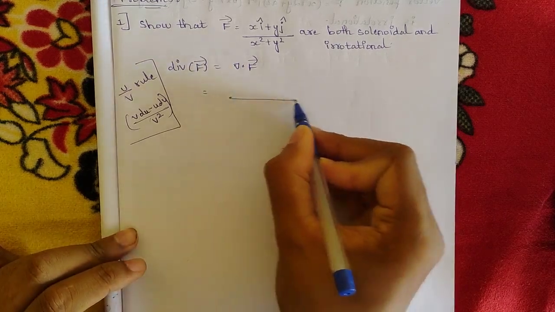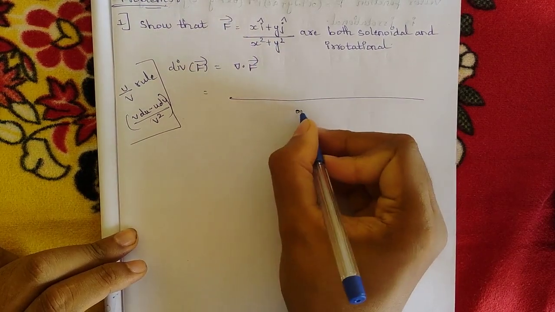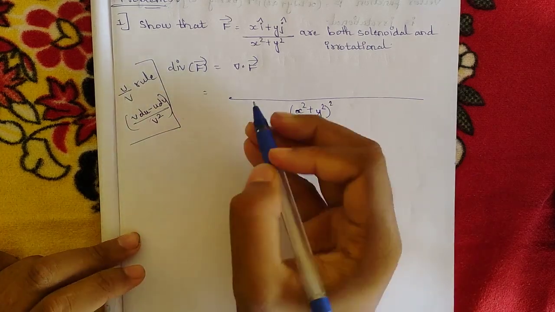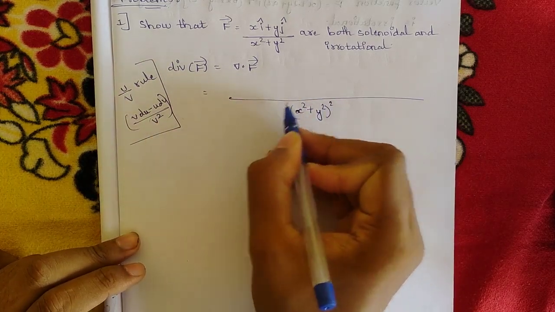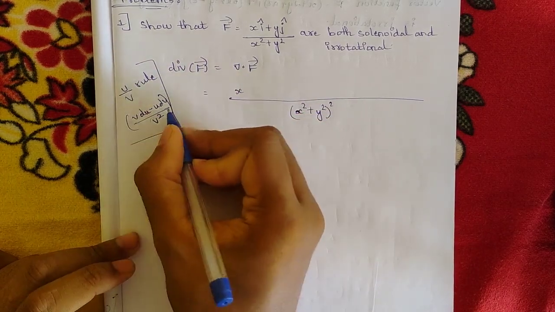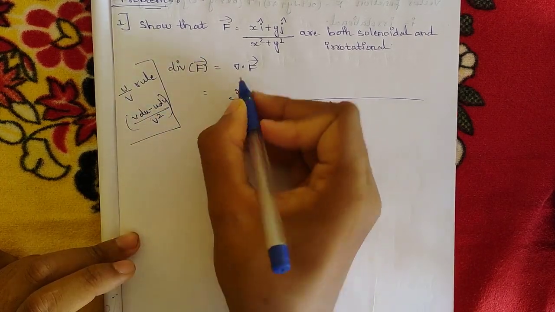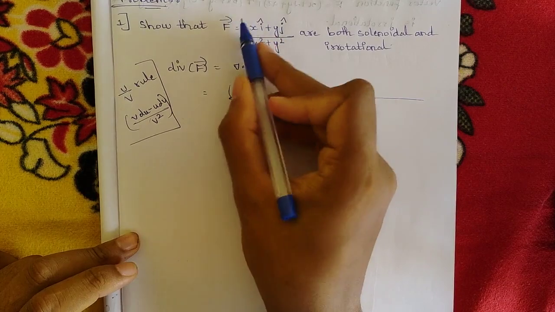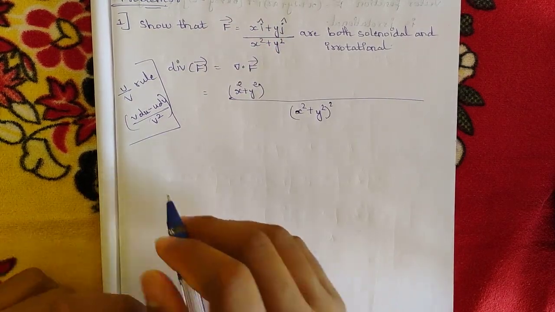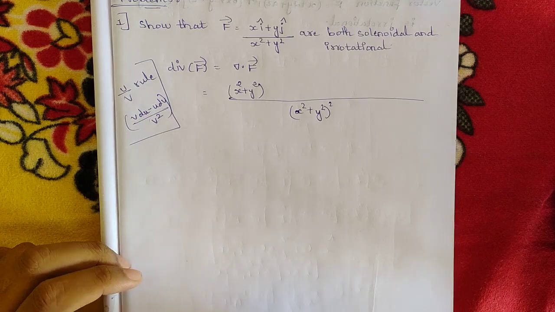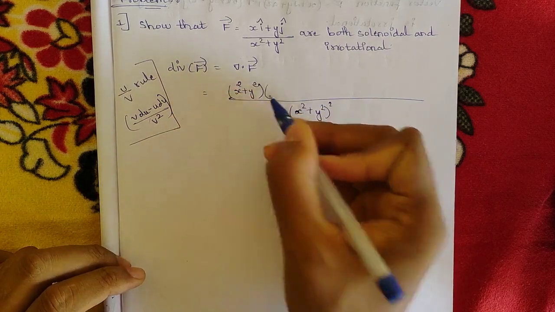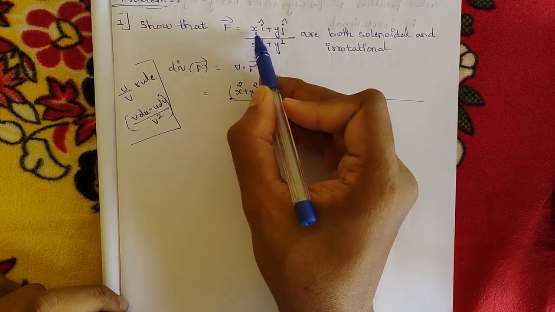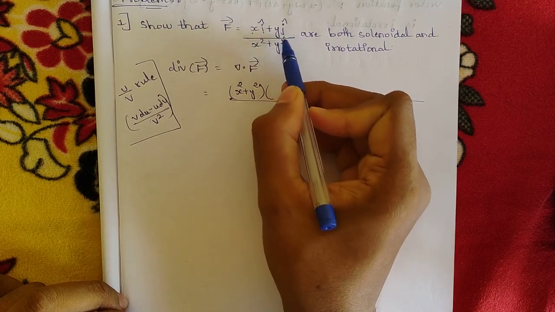First write the denominator as it is, that is x square plus y square the whole square. Now, v du, so v is the denominator, so we write it as it is, x square plus y square into du, that is differentiation of the numerator. But in this case it is not only differentiation, we should be doing the partial differentiation with respect to the divergence, since they have told us to find the divergence. Here the numerator is x i cap plus y j cap.